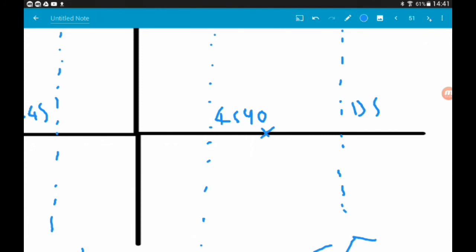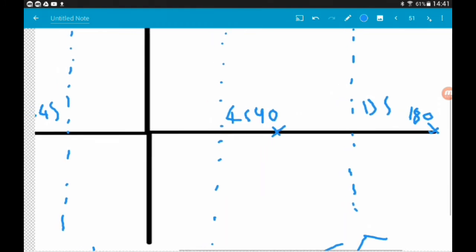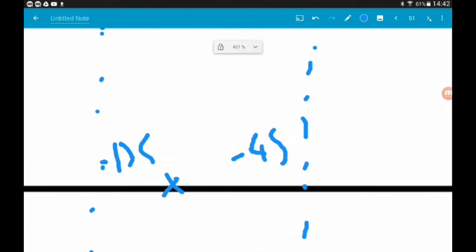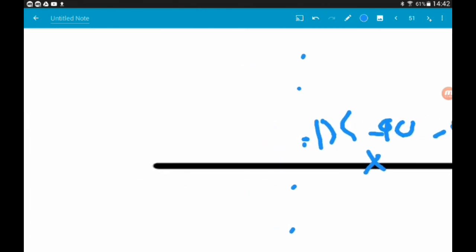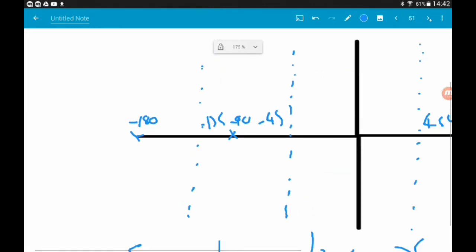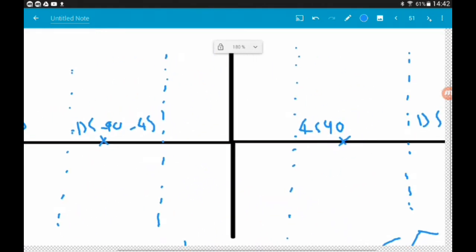So that's now going to be at 180, and then that's exactly the same negatively. So we've got one there, which is at minus 90, and then the other one at minus 180. So now we've got those in, really the graph looks exactly the same.